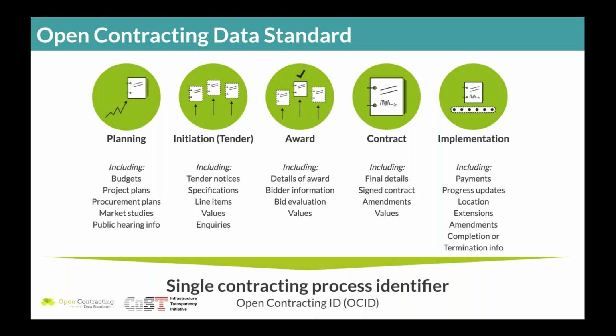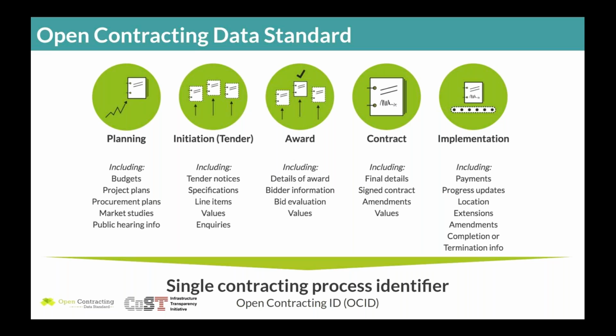So this slide is a quick overview of the Open Contracting Data Standard, and the point is it's about the whole of the contracting process. So it's not just about tenders, and it's not just about contracts as it's often published, but it's about the whole process. It's all the way from planning through to delivery and payment.